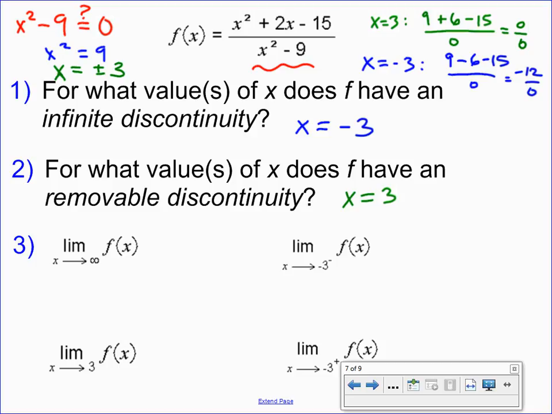Okay. What then will we get for our limit of f of x as x approaches infinity? Well, recall, as x approaches infinity, we're talking about end behavior. And so I can construct my EBM, my end behavior model, and then analyze that for my overall value of the limit. So let's go ahead and see. As x approaches infinity, I can construct an end behavior model.